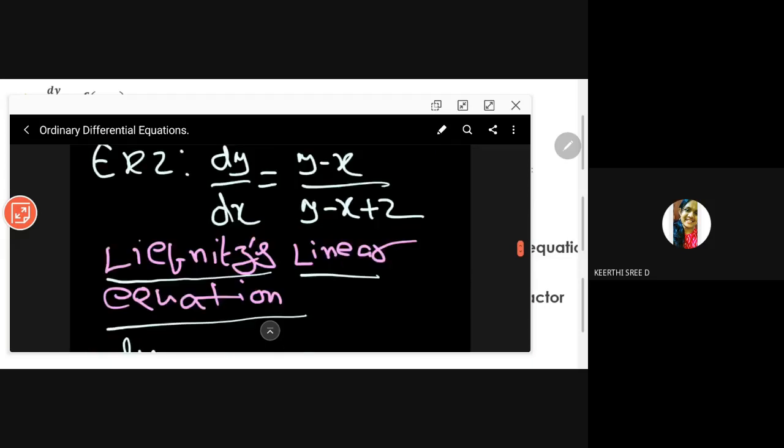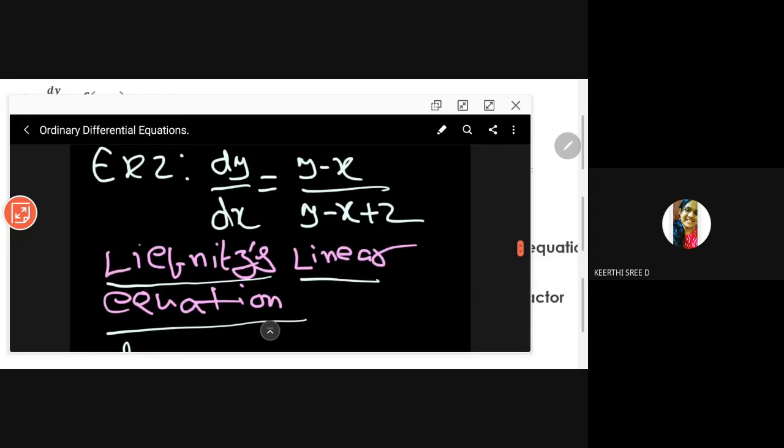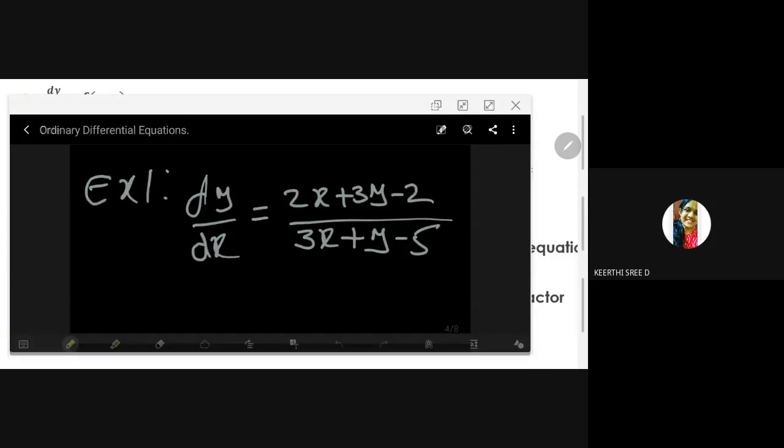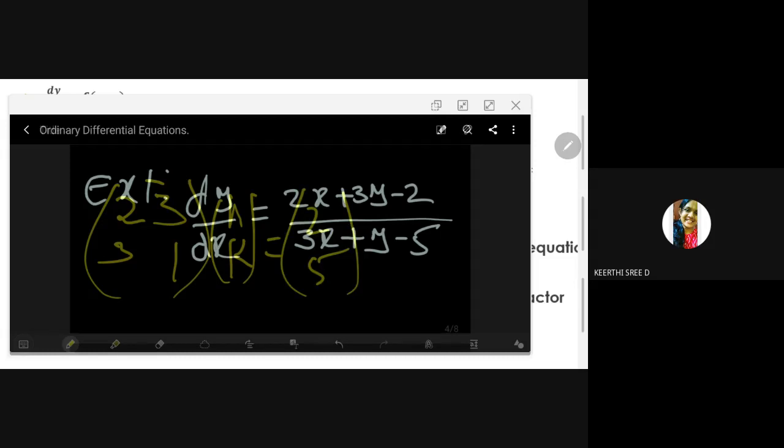Yeah, this one. This equation. So here we have 2, 3, 3, 1, times h, k is equal to 2, 5. So here the determinant is non-zero. So you can straight away find h and k.